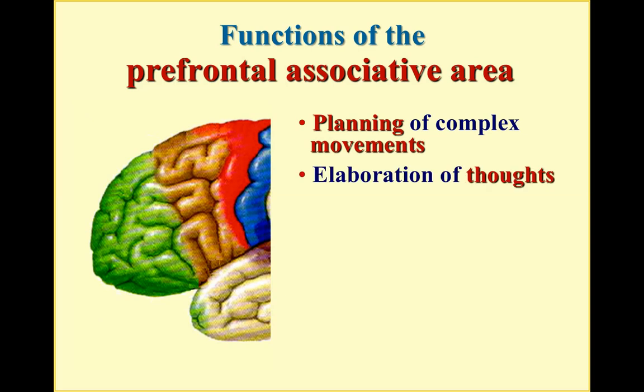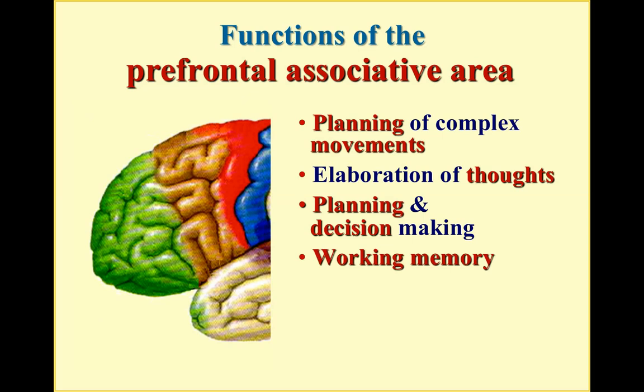Then, elaboration of thoughts, generally. Of course, generally thoughts are not possible without other parts of the brain, but number one for thoughts is the frontal part of cortex. Then planning, but now planning not of simply movements, but planning of actions, planning of events, and so on. And decision making, this is also prefrontal associative area function.